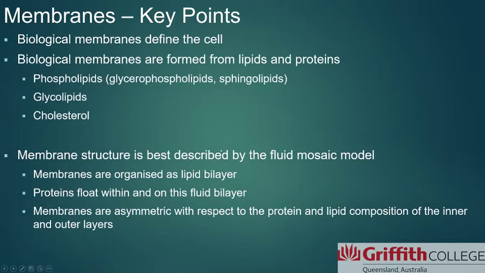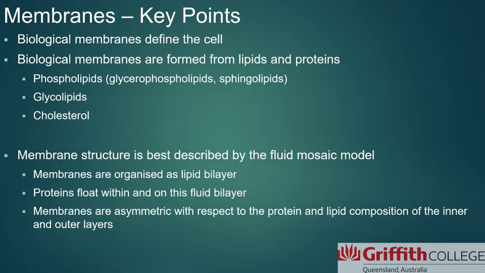Okay, so again, some key takeaway points from this. The biological membrane and its composition is very important to the overall cell structure and function. It changes vastly depending on the type of cell because each cell has a very different role within the human body, so it's going to have a different membrane composition.